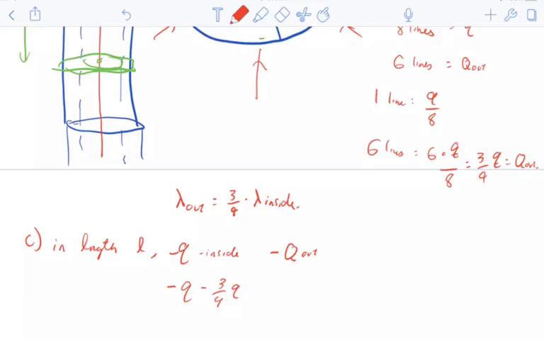So that's minus 7 over 4q. There's this much charge per unit length on the shell, on the pipe in its entirety. What's the ratio of surface charge density on the shell's inner surface to the shell's outer surface? Oh, before we go, that's not neutrally charged, right? So that's neat.